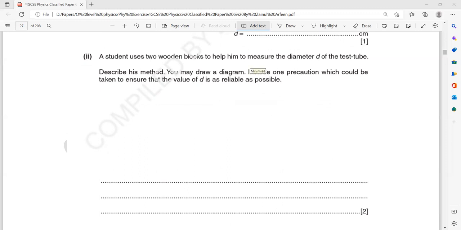Yeah, that's good. So what we do, we will place this test tube. So what we simply do, this is a test tube, you're looking from the side way. Or you can also draw a test tube in this manner.